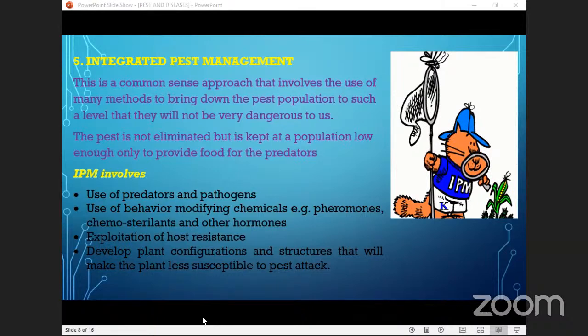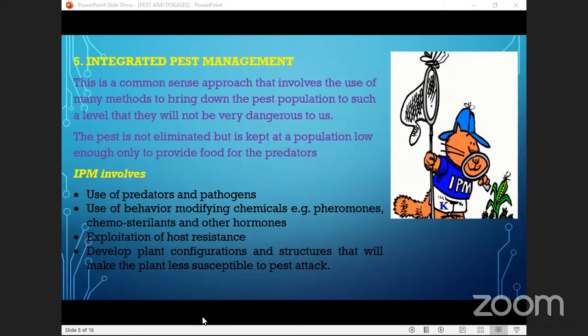Use of behavior modifying chemicals, e.g. pheromones, chemical sterilants, and other hormones. Exploitation of host resistance. Develop plant configurations and structures that will make the plant less susceptible to pest attack. All right, thank you.